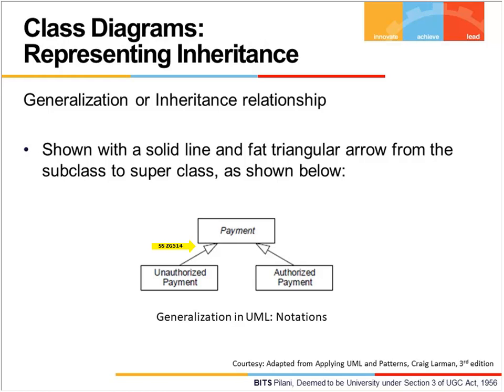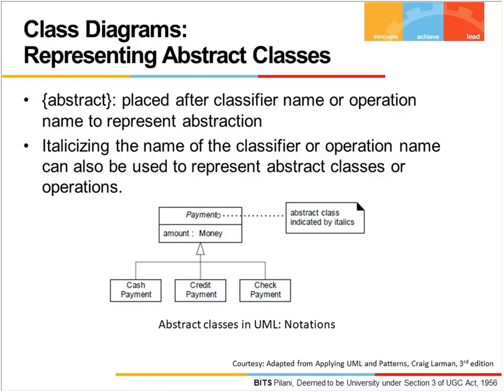How do we go about abstract classes? This is how we represent abstract classes, right? Either use the word abstract after the class name, or write the name of the class in italics. Obviously, when you will be attempting the paper, you will not be able to italicize something.